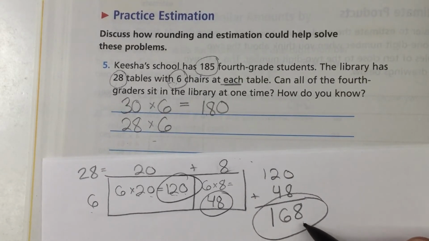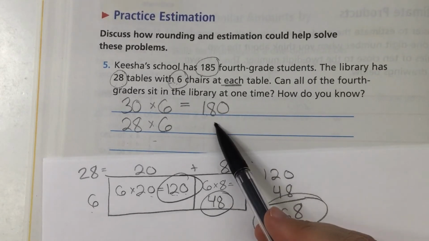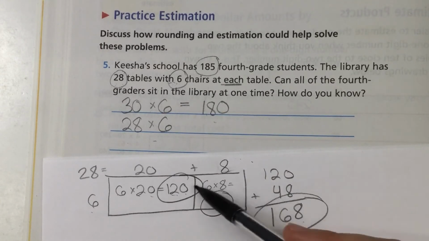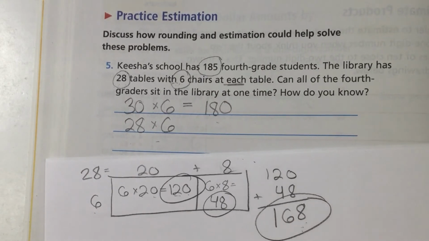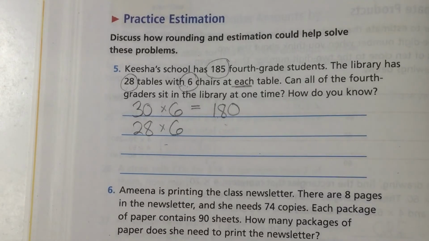Now we know that there are 168 shares at each table. What do you think? Are there going to be enough? No. We did our rounding, and then when we got more specific, we realized that there definitely are not enough. So that was good that we estimated first to kind of get an idea of what there would be.